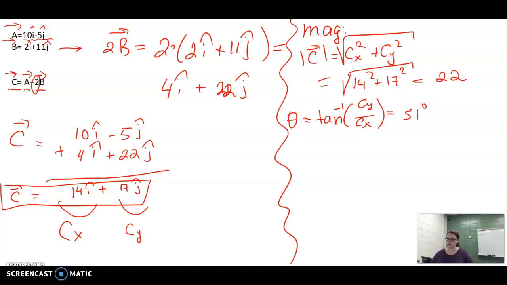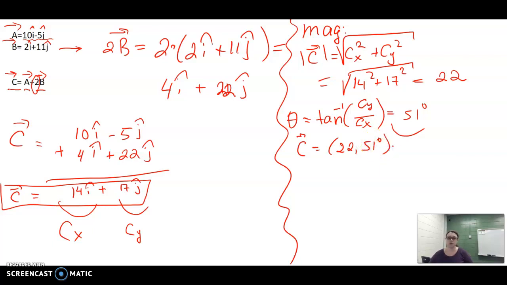Okay, so the last thing to check is where is my vector C located. And here we ended up with a positive angle, so everything's good. If you want your polar coordinates of vector C, then you can do this. We have 22 and 51 degrees, right?